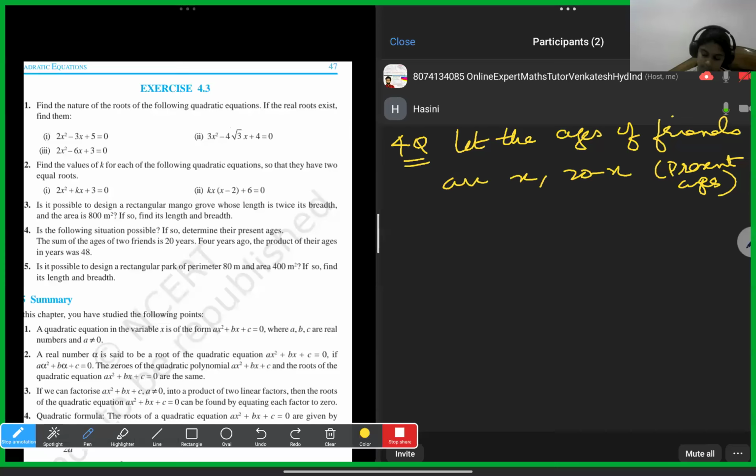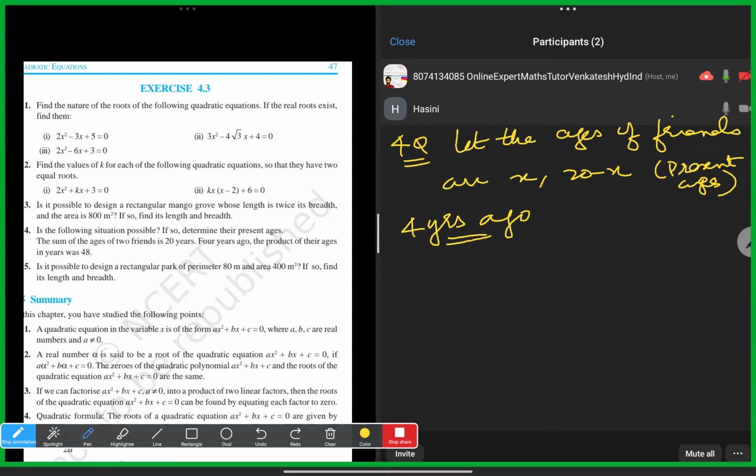Now we need to use the case where 4 years ago. 4 years ago means the friends' ages will become, we need to subtract 4. Yes or no?